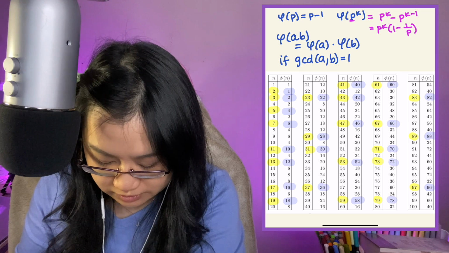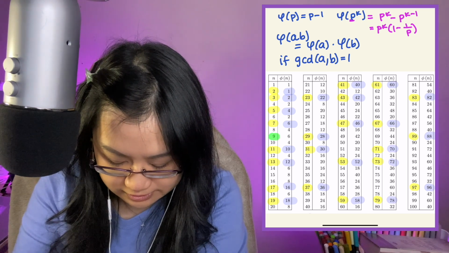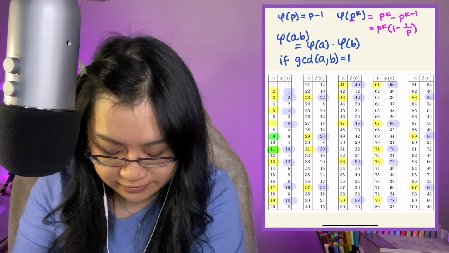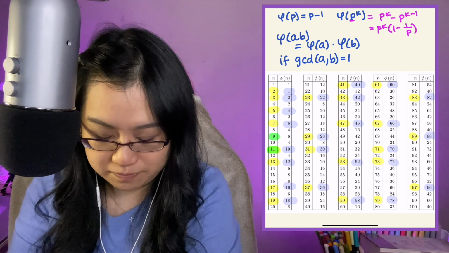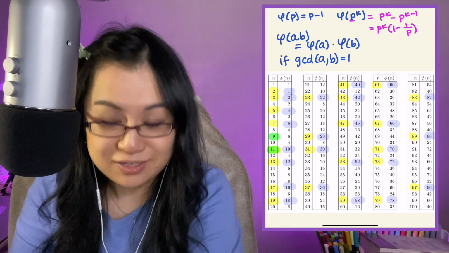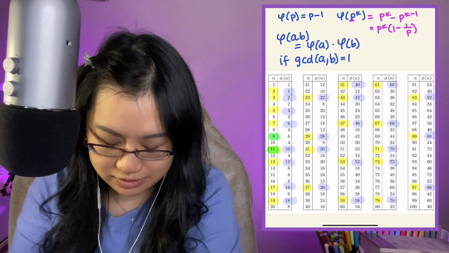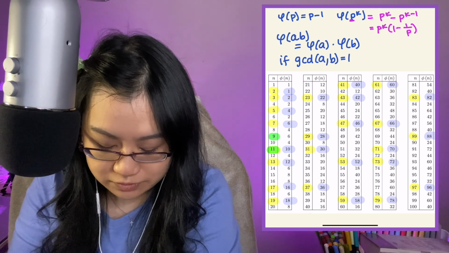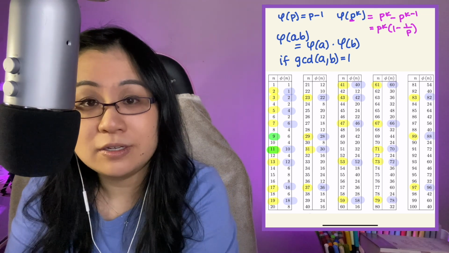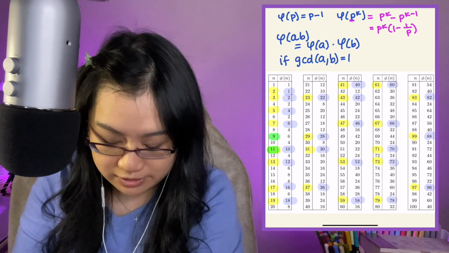How about 9 times 11? So 9 and 11 are relatively prime. I chose this on purpose because 11 is a prime number. And 9 doesn't go into 11, so the greatest common divisor for them is 1.